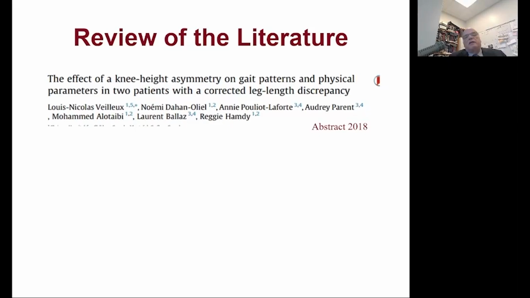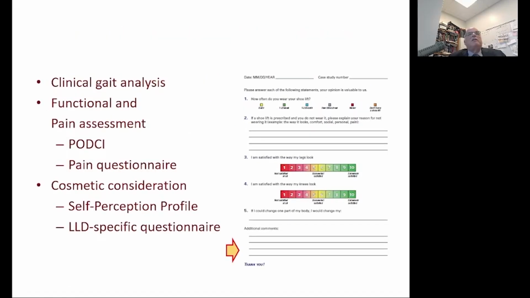degenerative arthritis. The only paper really after this that we found regarding the impact and the clinical aspect, we reviewed 2 patients. It was not a paper, but it was an abstract that was presented, and we analyzed these 2 patients who had a corrected leg discrepancy and the knee height asymmetry. We examined the gait analysis, functional pain assessment using POSNA and the pain questionnaire, and also the cosmetic consideration.